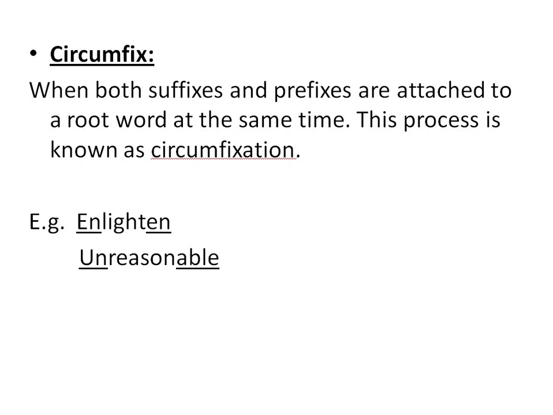So in unreasonable, at the same time, the suffix and the prefix are attached to the root word. So these are called circumfixes, or the processes of word formation. This word form is known as circumfixation.